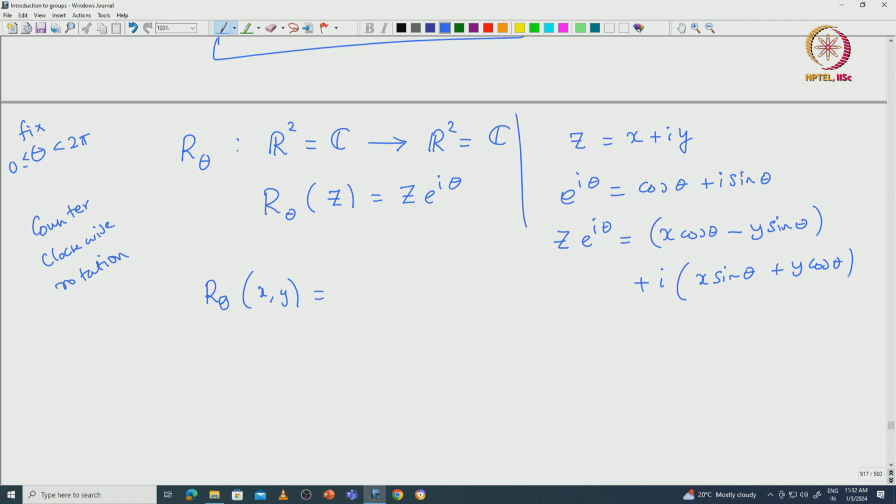So, these are your coordinates: (x cos theta minus y sin theta, x sin theta plus y cos theta).